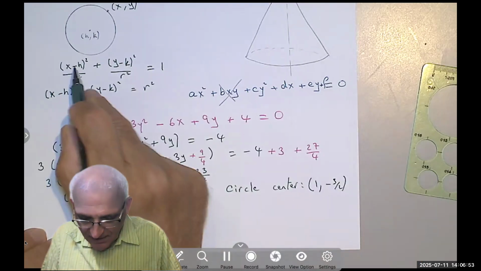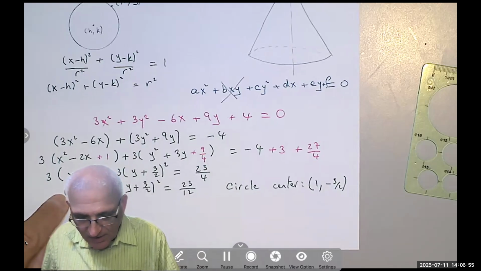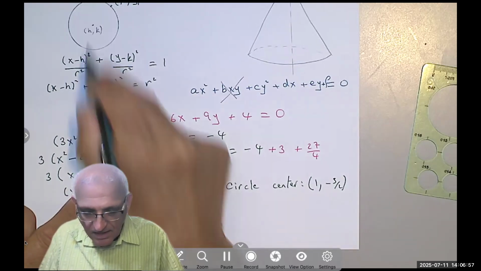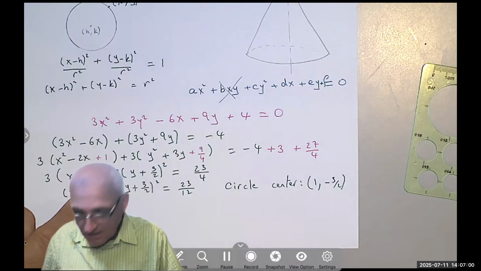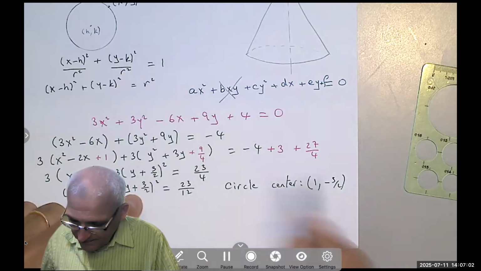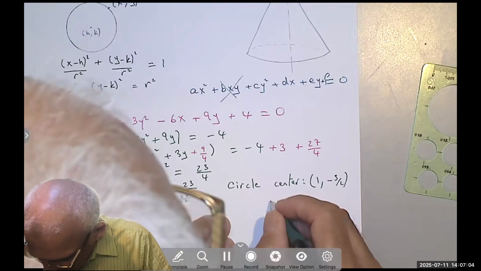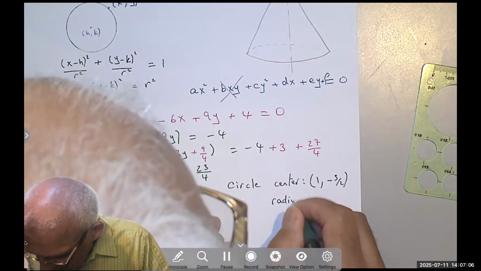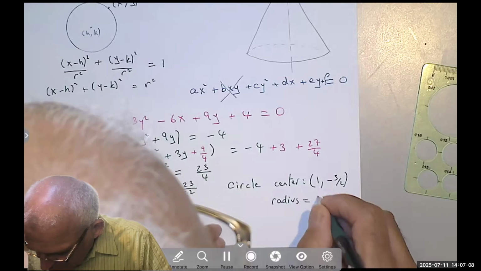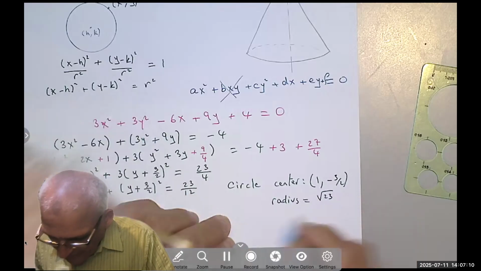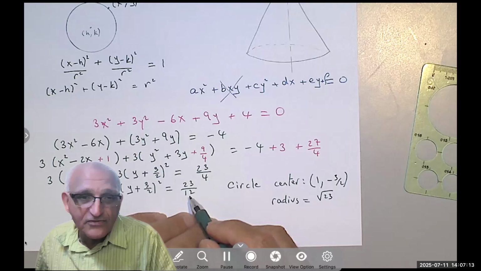Right? x minus h, x minus 1. So h is 1. h is the coordinate of the center. Here it's negative. And the radius is the square root of 23. And then square root of 12 is 2 root 3.